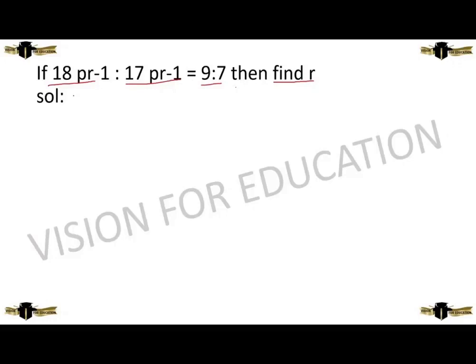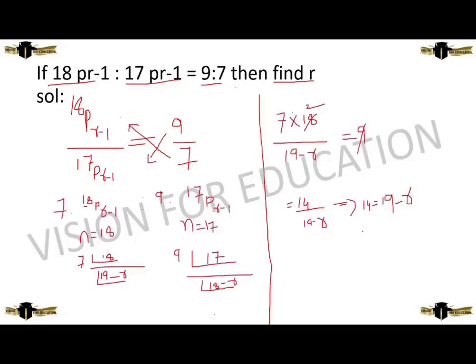Now we are going to simplify this sum. 18P(r minus 1) by 17P(r minus 1) is equal to 9 by 7. r equals 19 minus 14. r is equal to 5.